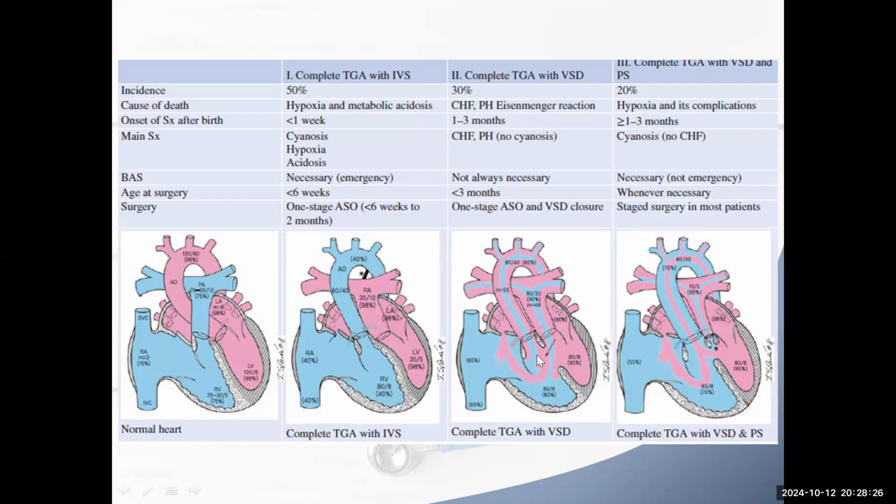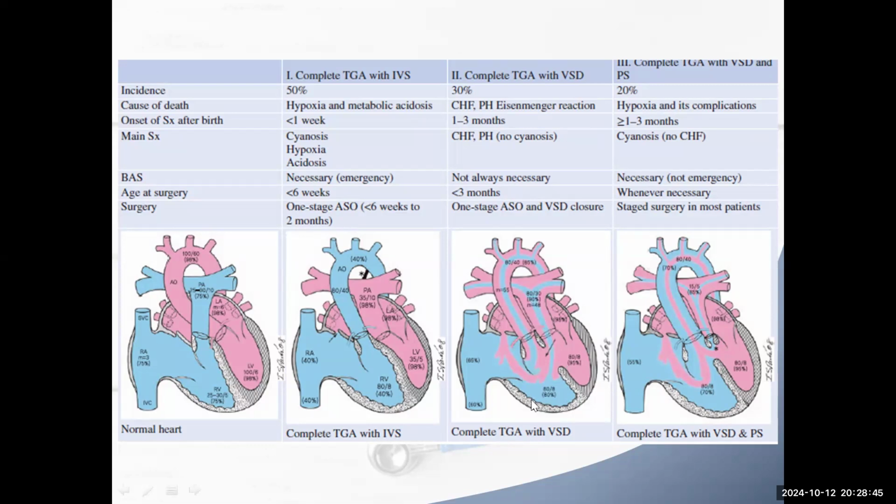The other type, the second type of TGA, is TGA with VSD. Here, the shunt is the VSD. And we mean here by VSD, moderate to big VSD, not very small VSD. So there is mixing at the VSD, okay? And more blood will go from the aorta to the pulmonary and from the pulmonary to the aorta.